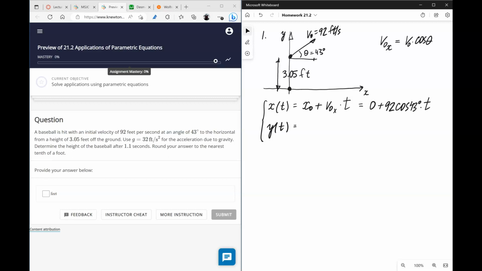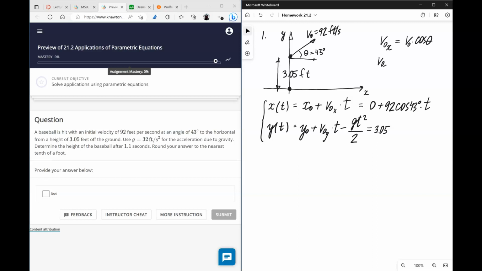Now, the vertical component, on the other hand, will be expressed like this. And here we have a vertical acceleration due to gravity. So we're going to express it with a negative sign because it's pointing down, and it's going to be negative gt squared over 2. The initial vertical coordinate of the object is 3.05.